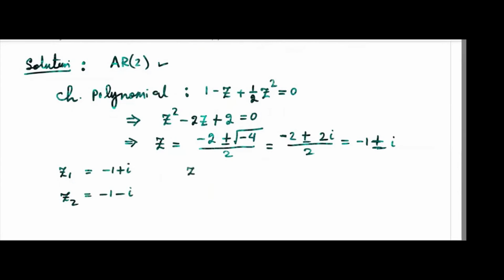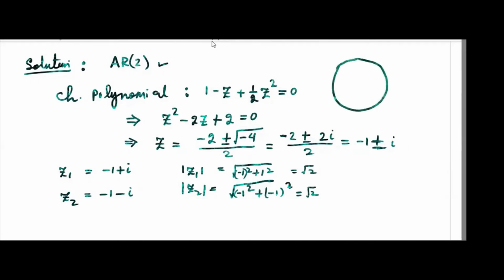When you take the absolute value of complex numbers, you have to take it this way. You write minus 1 or 1, it doesn't matter. Even I have to write minus 1 here. So in both cases, you will get square root of 2. So these are greater than 1. That means these are outside the unit circle.